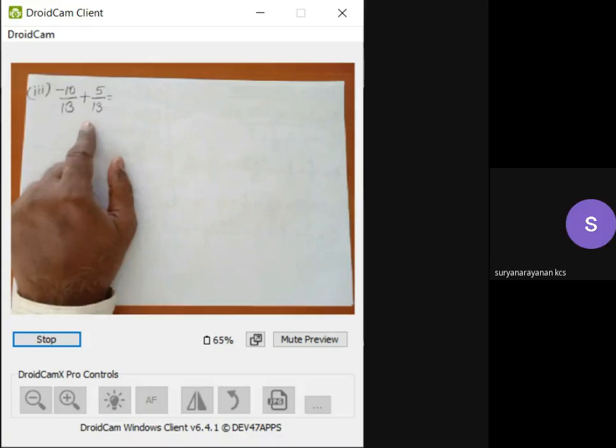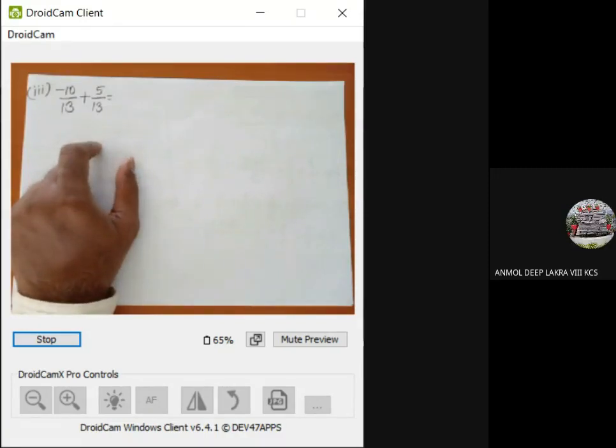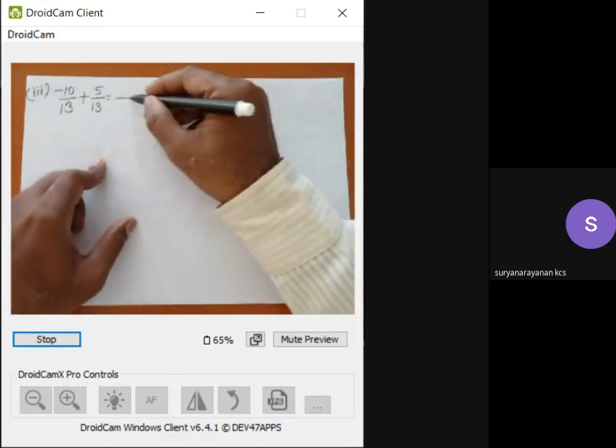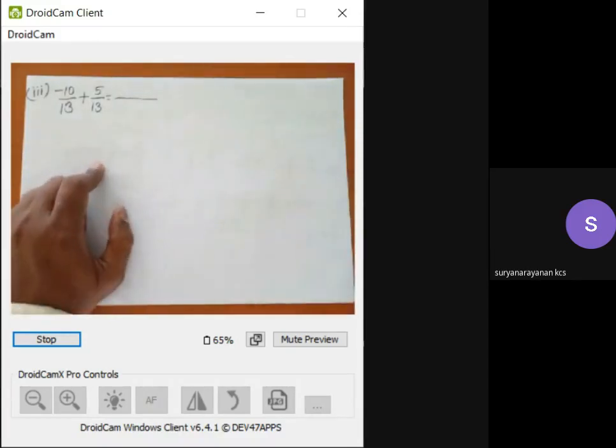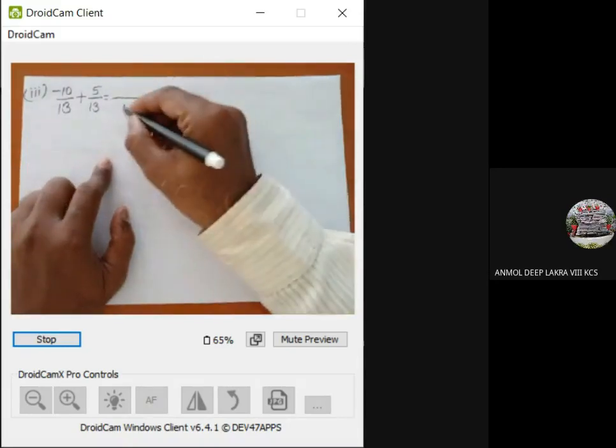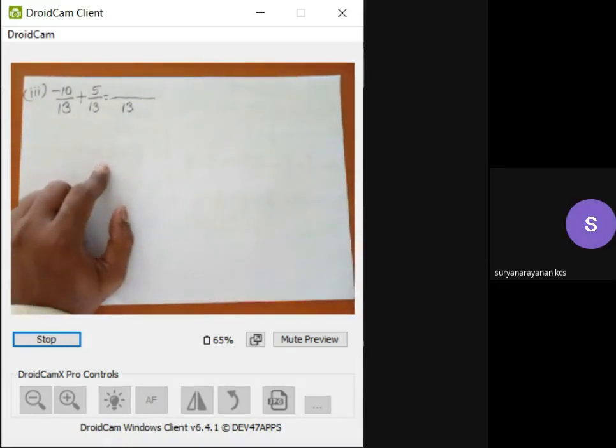Sir, 5 by 13 minus 5 by 13. Tell me step by step. First we draw a line. After that, what is the next step? In the denominator, which number should be written? Sir, 13. Very good. In the denominator, we write the 13. That is the second step.